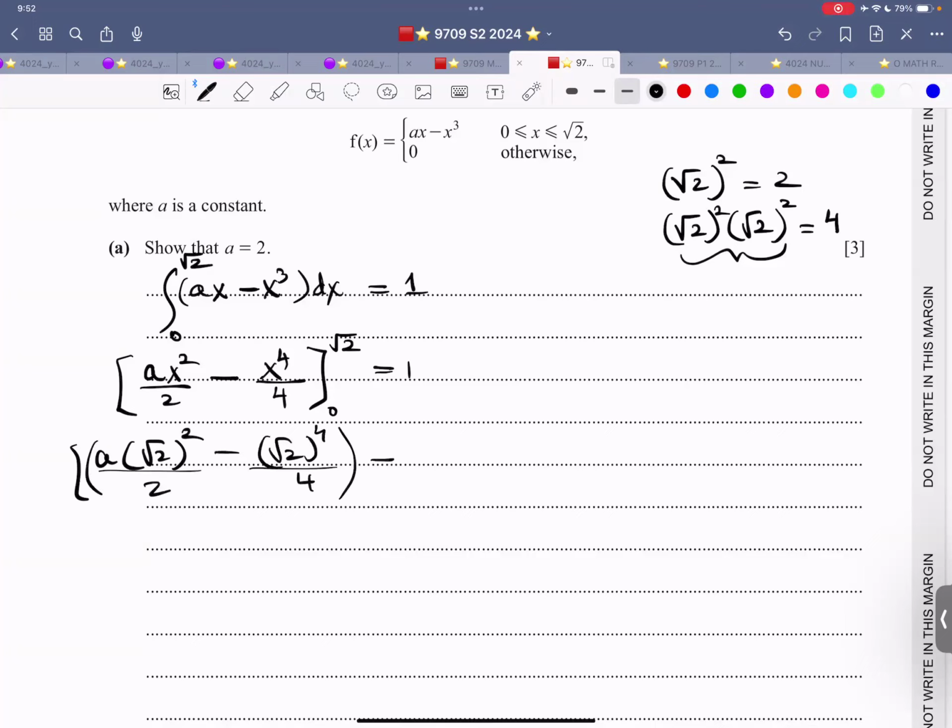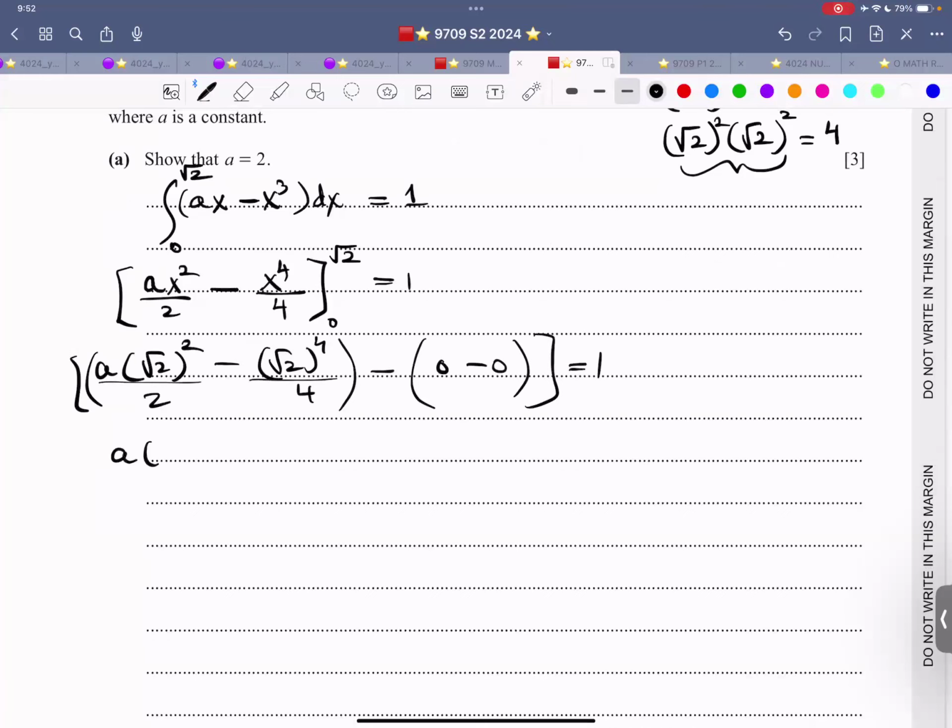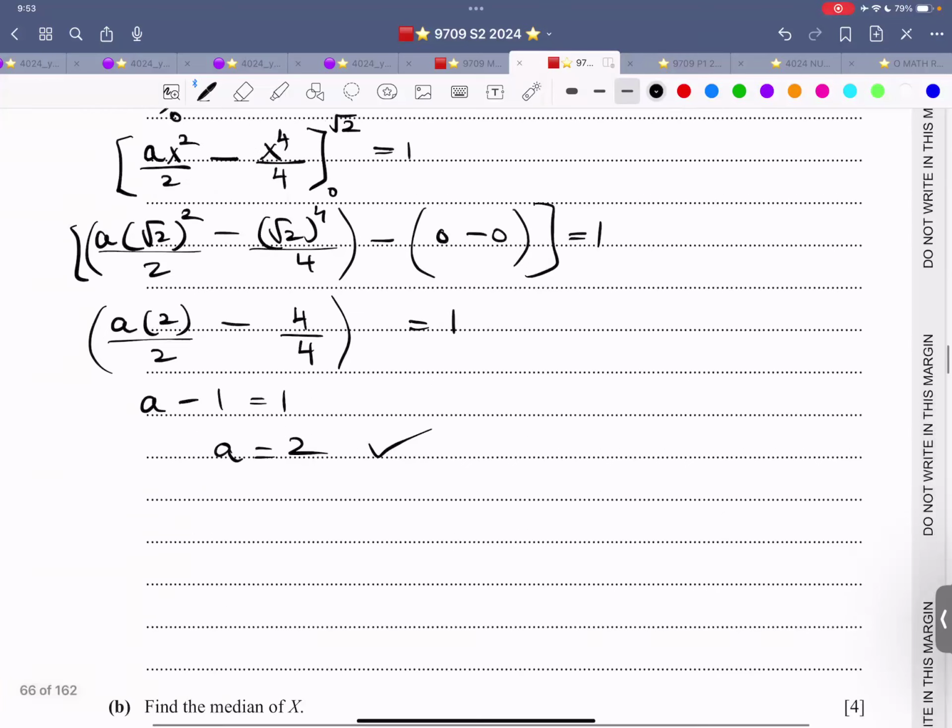That is the upper limit minus the lower limit, which is 0. This equals 1. So A times 2 over 2 minus 4 over 4, minus 0 equals 1. So A minus 1 equals 1. That was simple. A comes out to be 2.